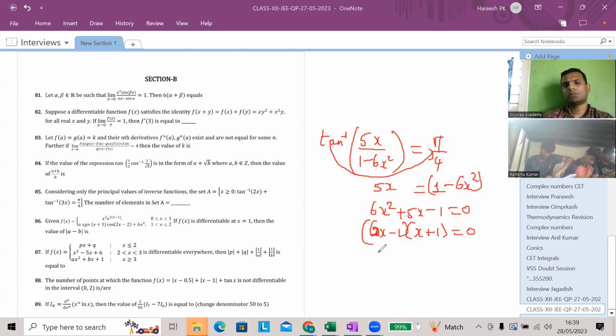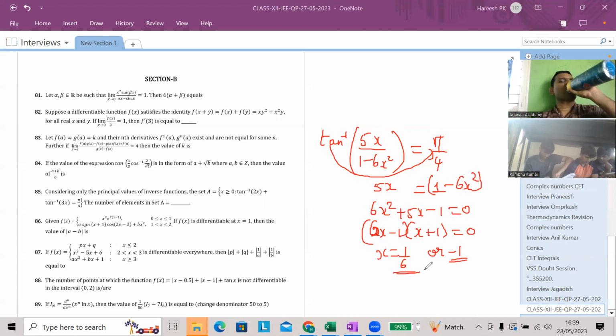What are the roots? x equals 1 by 6 or minus 1. Yes or no? Yes, sir. Now tell me, can we accept both the solutions or one solution? Sir, only 1 by 6 because x is greater than or equal to 0. So only one solution. So what is the answer here? 1 by 6.